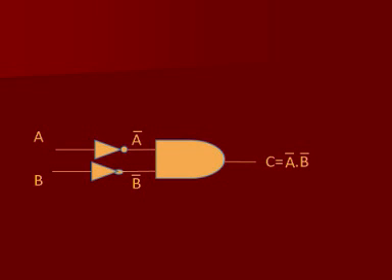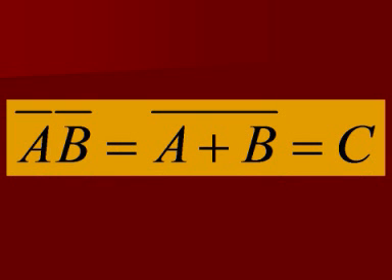Logically, this means we connect two NOT gates to complement the inputs a and b to a bar and b bar respectively. Then AND the complemented inputs. The output is now a bar into b bar. This, according to De Morgan's first theorem, is equal to (a plus b) whole bar, which is nothing but the output of a NOR gate.